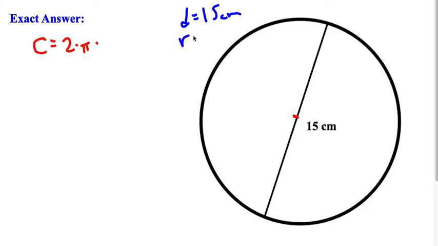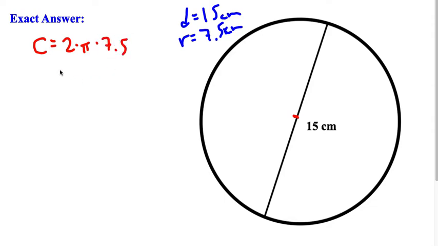And that means we have to find the radius, because the formula requires that. That would be 7.5. Why? Simply put, 7.5 is half of 15. And remember, the diameter is simply twice the radius. So if you look at this, 1 radius, 2 radius.